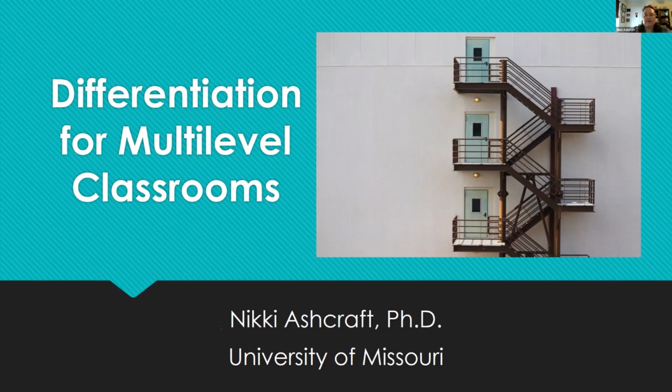I actually live in Frisco, and I am involved in doing teacher training with a number of adult literacy programs in the DFW area. So our topic today is differentiation in multi-level classrooms. And you see the image that I posted here on this introductory slide. I chose this image because to me, the building represents our students' English language proficiency.